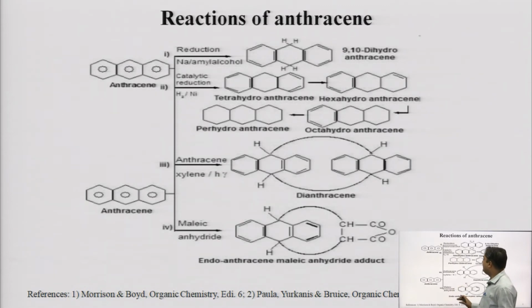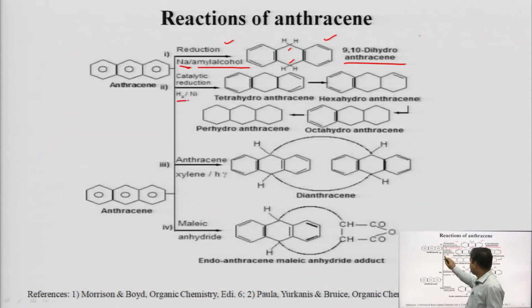As you can see, in the first reaction anthracene is reduced in the presence of sodium and amyl alcohol and we get 9,10 dihydroanthracene. At the 9 and 10 positions, 2 hydrogen atoms are joined to give the product.